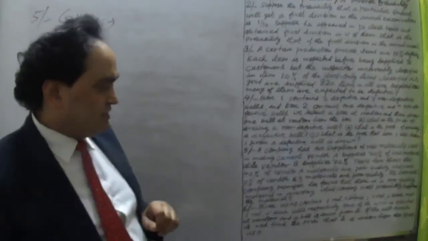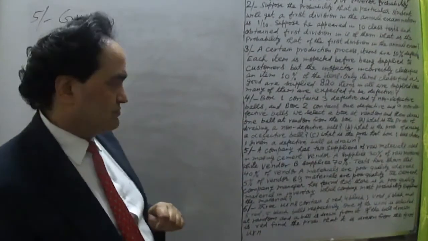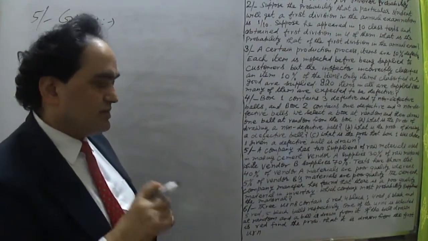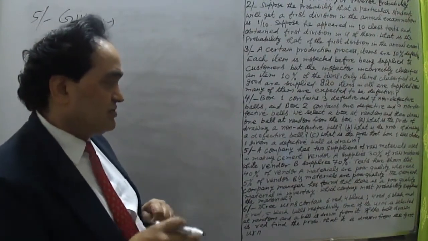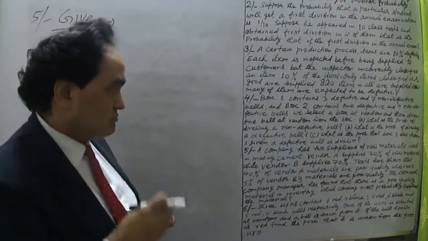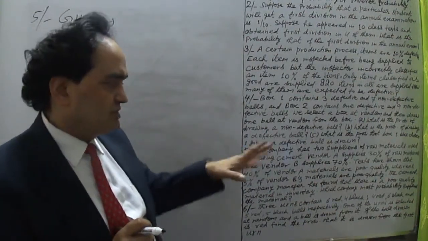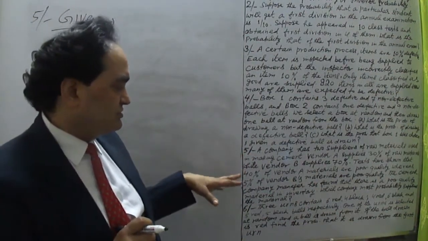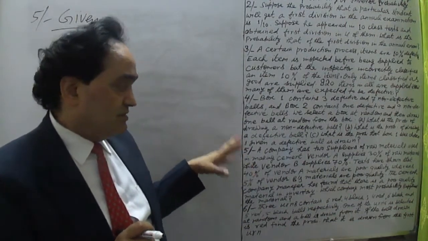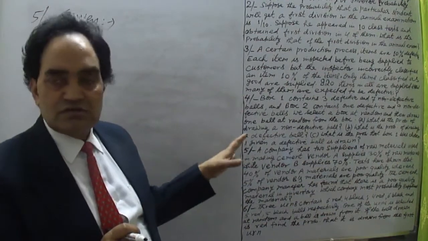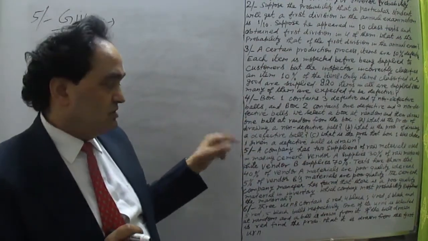A company has 2 suppliers of raw materials used in making cement. Vendor A supplies 30% of the raw materials. Now this is known as prior probability. We are given here that 30% of the raw materials are supplied by vendor A. Vendor B supplies 70%.